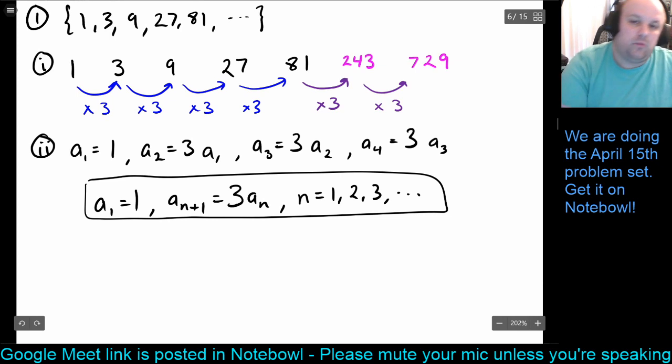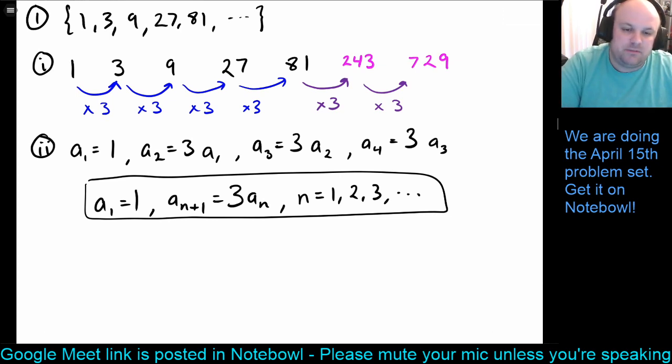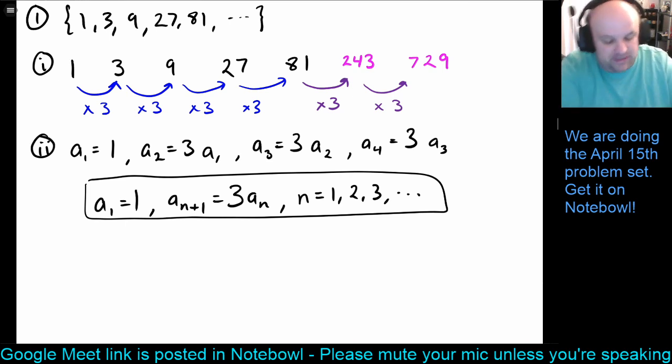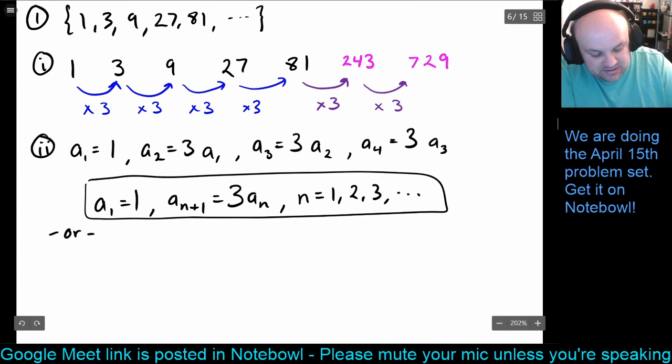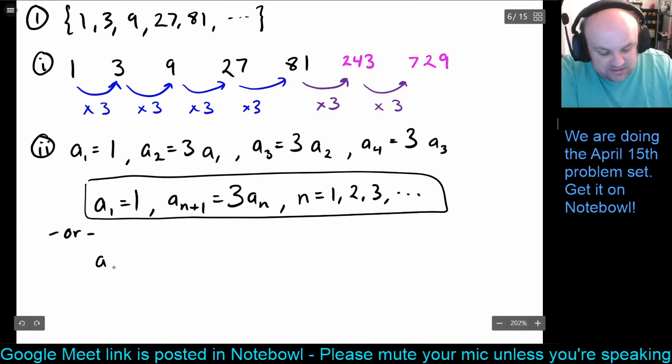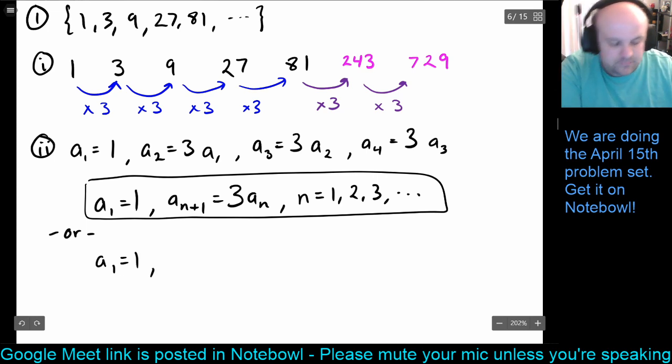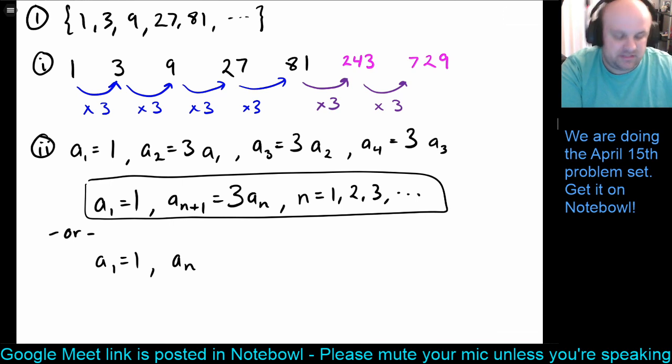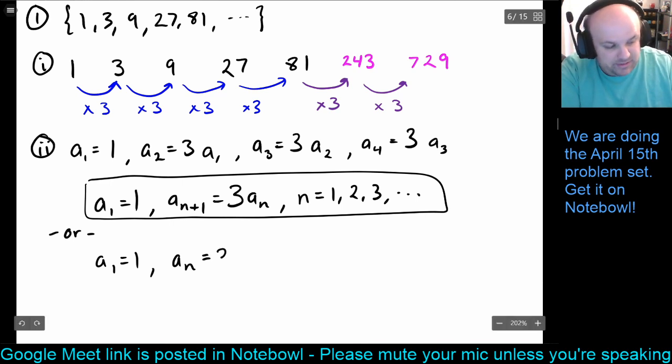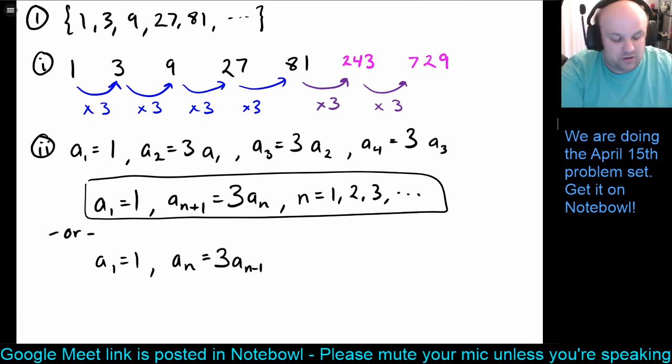One thing I do want to point out, because someone mentioned this in the last section, and this is perfectly okay. Another way to do this is we can still say a1 is 1, and then instead of using a_(n+1) here, if we just say a_n, which is pretty reasonable to want to do, this would be 3a_(n-1), because we're always getting a_n by doing 3 times the previous term.